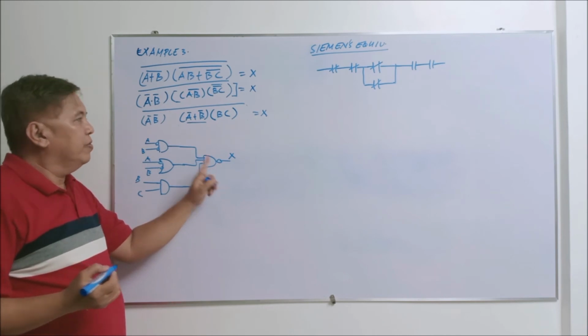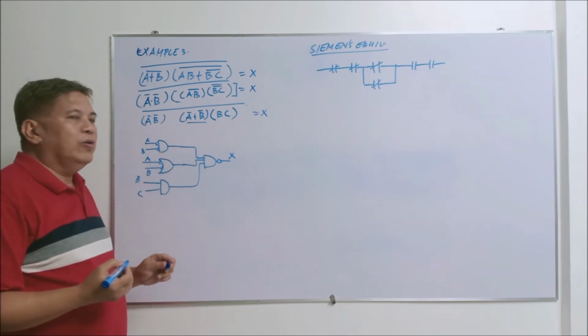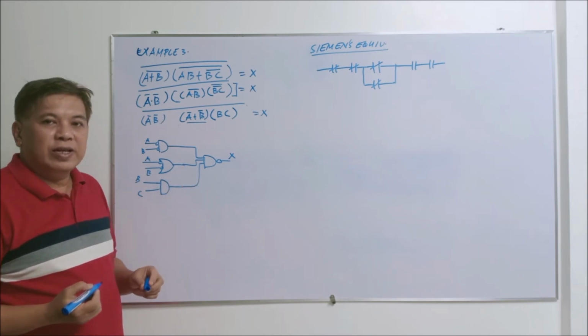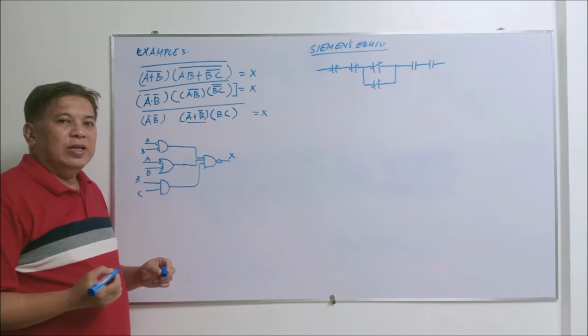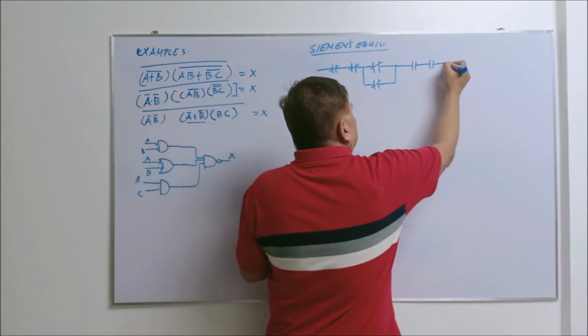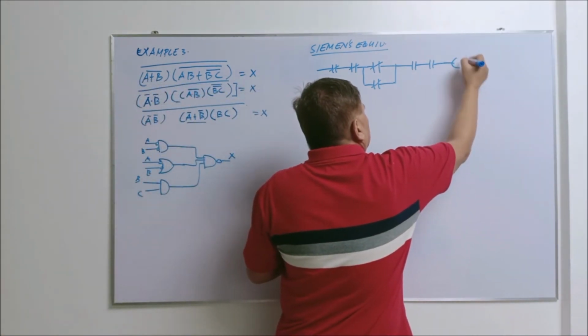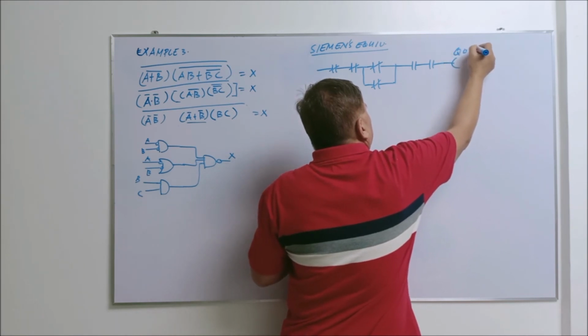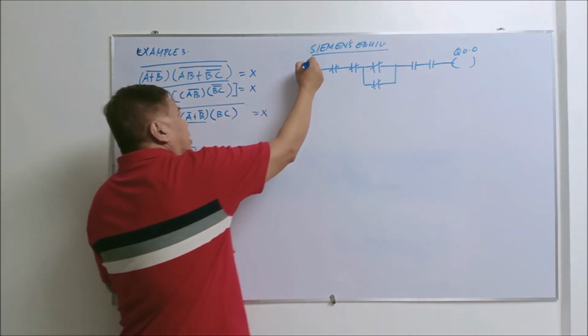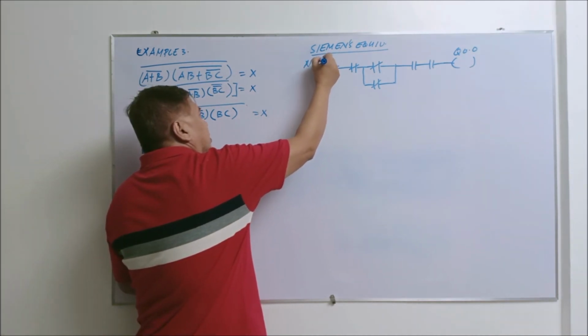So this is now how you will use the inverter in the Siemens equivalent. For this one, you will have Q 0.0, that is for your relay. This becomes your network 1.